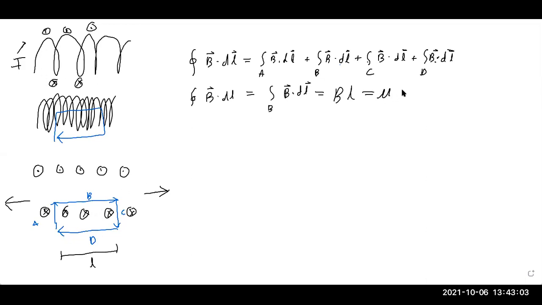Mu naught, and then how many turns pass through this rectangle, times the current.